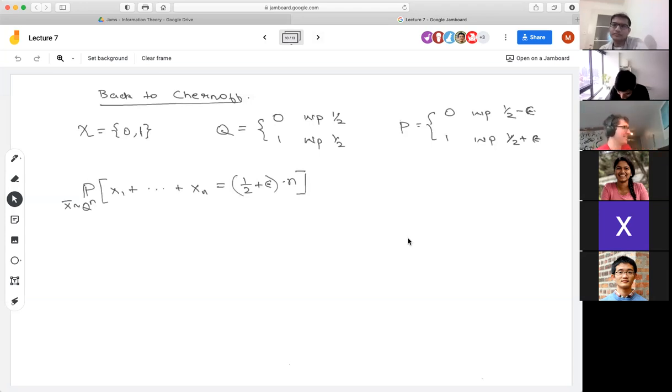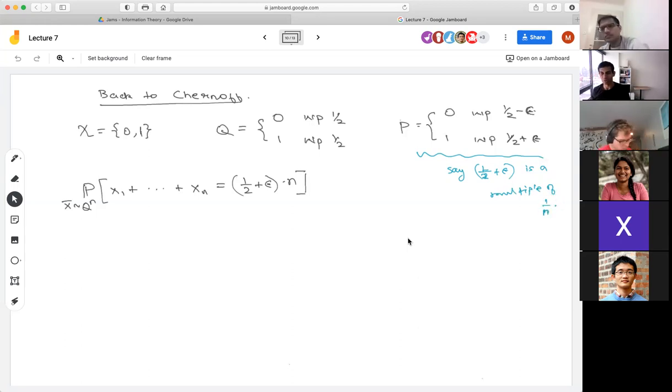So as I said, the question doesn't quite correspond to what I proved before, because we estimated the probability when P was a type. So from what I've said so far, it's not obvious that this is a type. So let's say half plus epsilon is a multiple of 1 over n. Then this distribution is a valid type, and we can ask these questions.